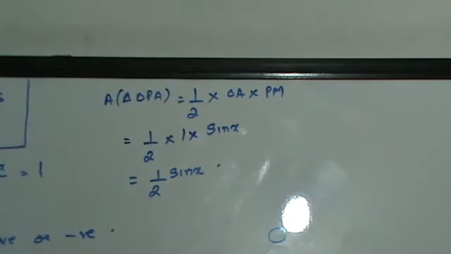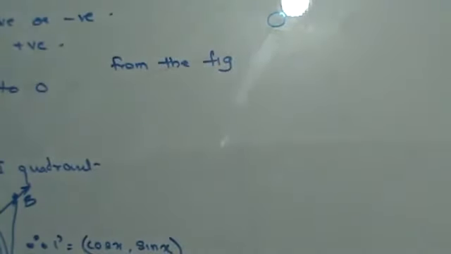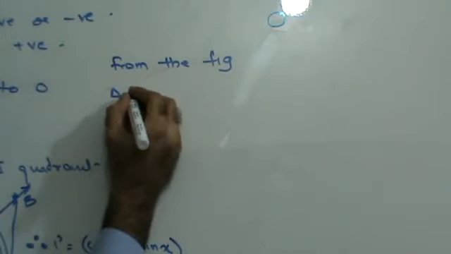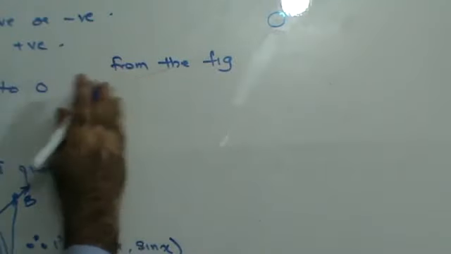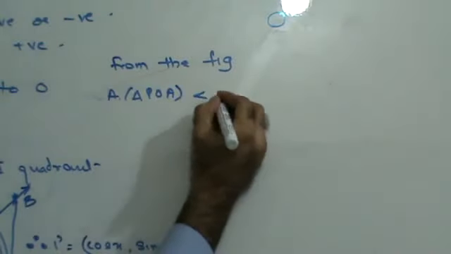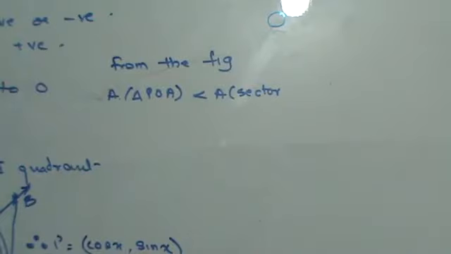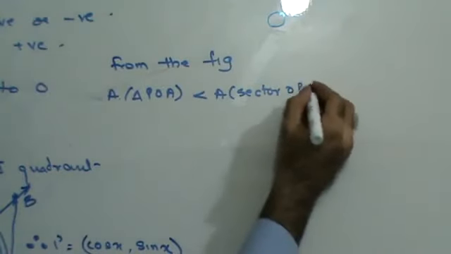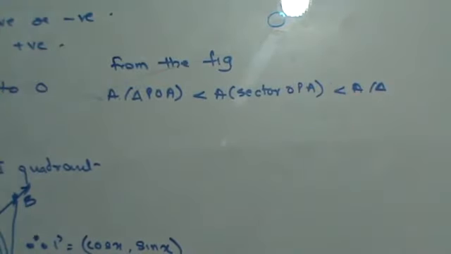Right? Now, I can say from the figure, area of triangle POA is less than area of sector OPA, which is less than area of triangle OAB.